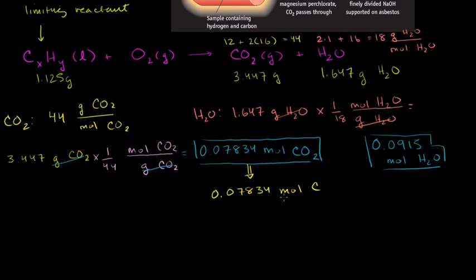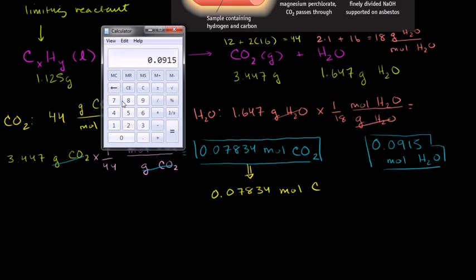And you might say, hey, wait, a mole, that's just a number. This is saying 0.07 times 6.022 times 10 to the 23rd, times that huge number. A mole is just a number. Very important to remember. So this means we have the same number of carbons. And if we have that many waters, how many hydrogens do we have? Well, for every water molecule, we have 2 hydrogens. So we're going to have twice as many hydrogen atoms. So let's multiply that times 2. So times 2 is equal to 0.183.